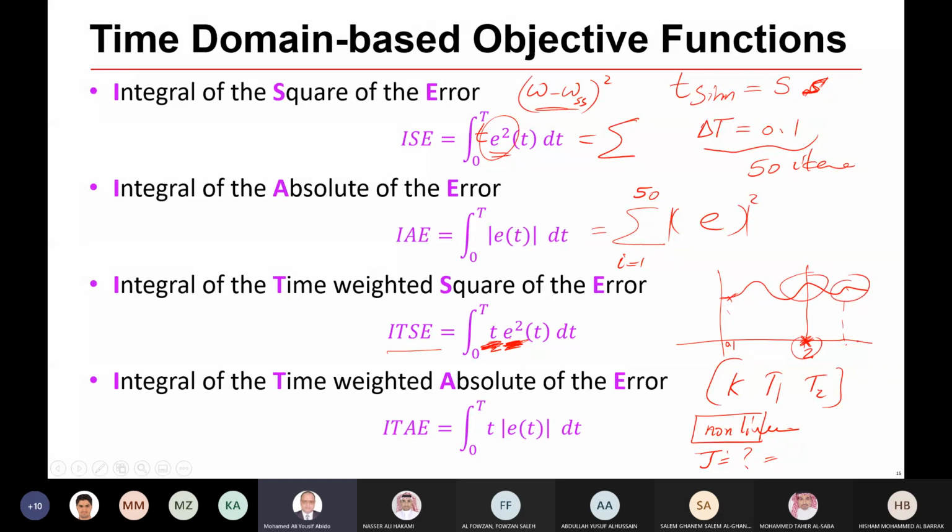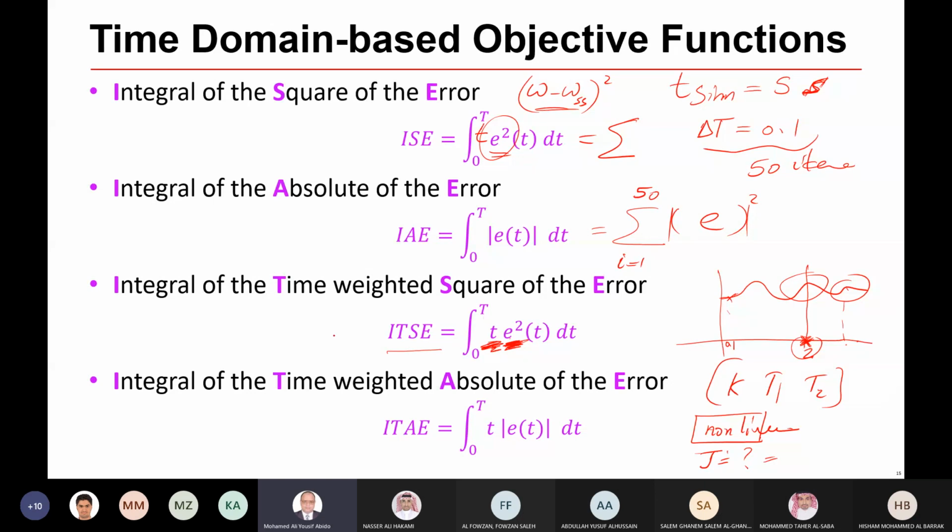So you are putting more weight on any deviation that occurs at the end of the long time. Of course, in terms of multi-objective, as we pointed out there for the eigenvalue based objective function, you can have an objective function based on sigma and an objective function based on zeta, and you can combine them.